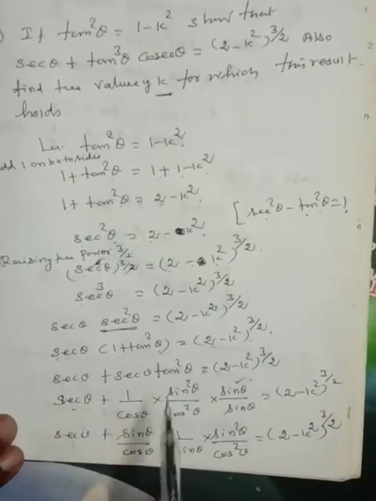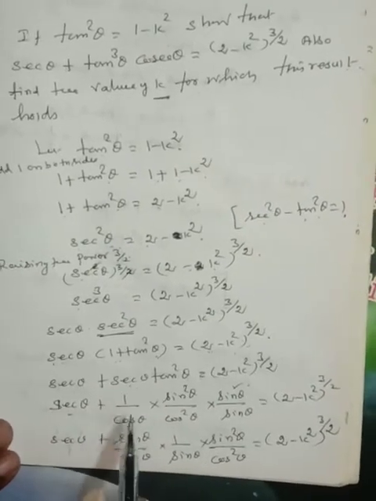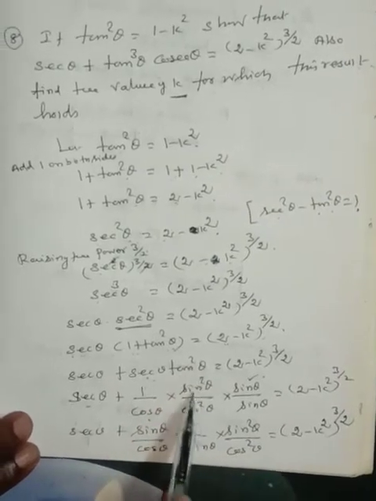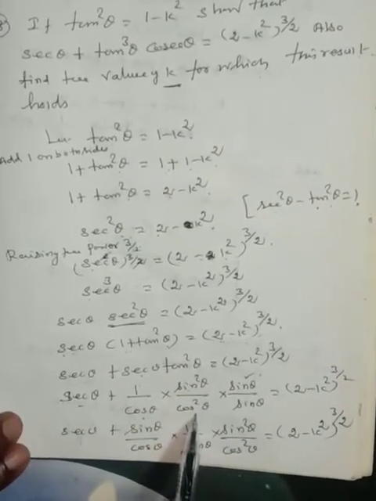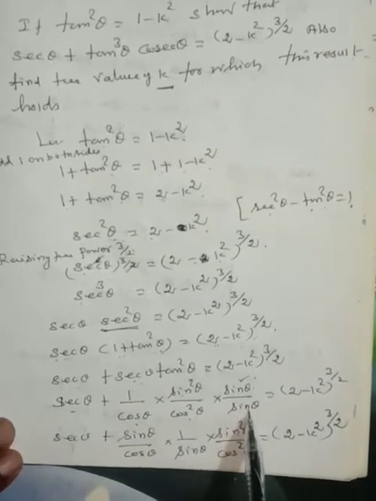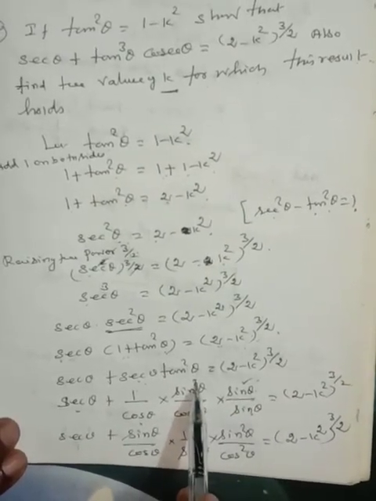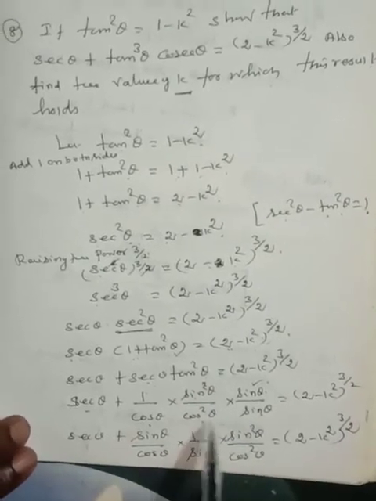Secant theta can be written as 1 by cos theta. Tan square theta is sin square theta divided by cos square theta. Multiply numerator and denominator by sin theta, we get sin power 3 theta over cos power 3 theta into sin theta.